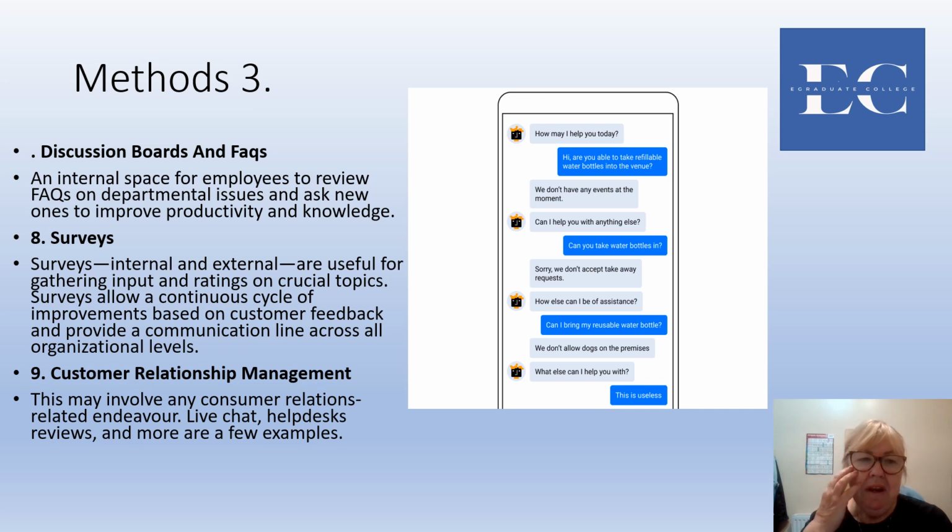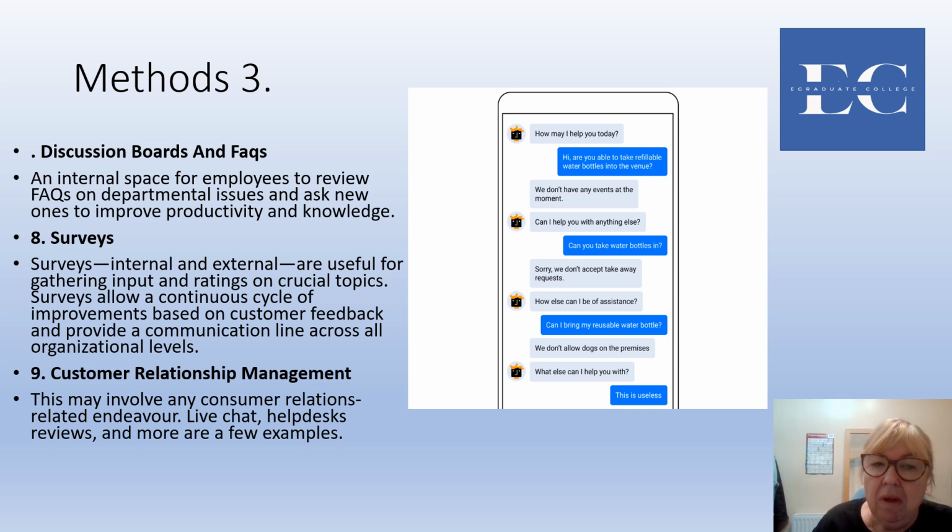Okay, method 3, discussion boards and FAQs. Some organisations, especially larger organisations, will have a space for employees to feedback on things or to ask questions. They might just put an FAQ, frequently asked questions, list up on the wall and then say, if your questions aren't answered, speak to human resources or speak to this manager. And that's a very well organized organization.